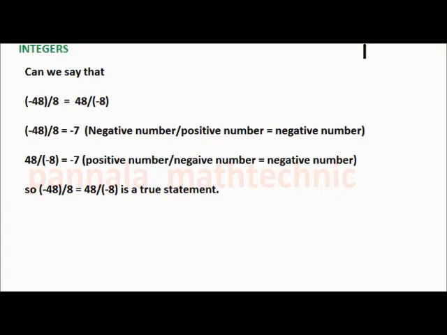Now the second one: 48 divided by a negative integer minus 8 results in a negative integer minus 6. A positive number divided by a negative number results in a negative number. So minus 48 divided by 8 is equal to 48 divided by minus 8 is a true statement.